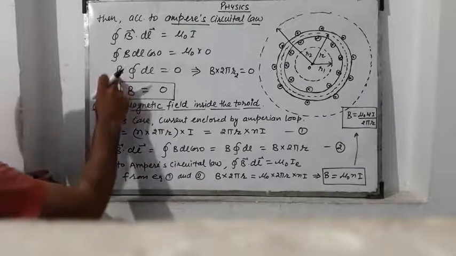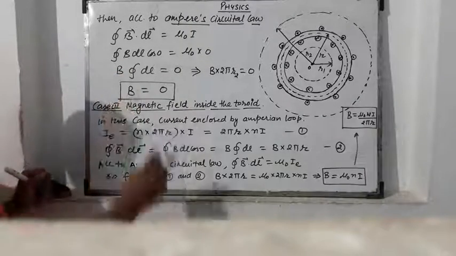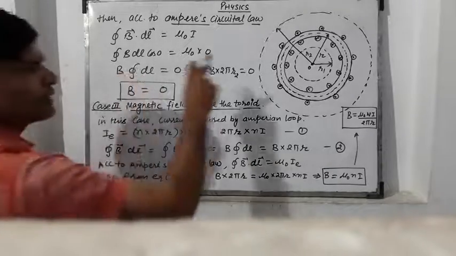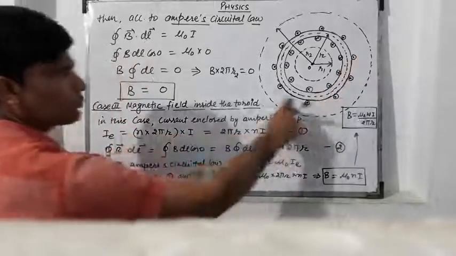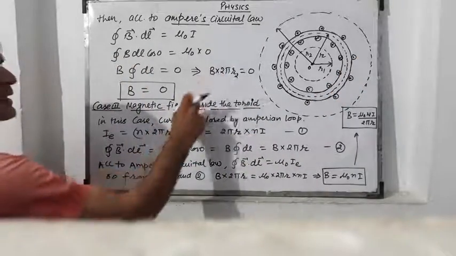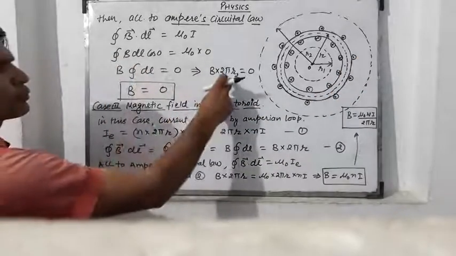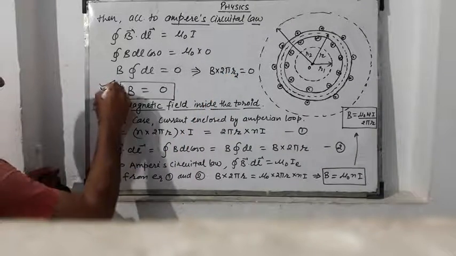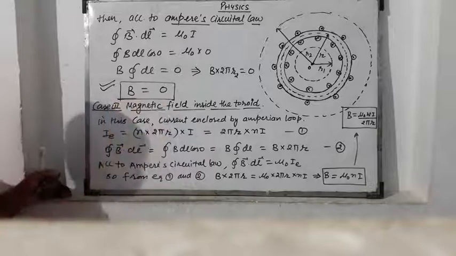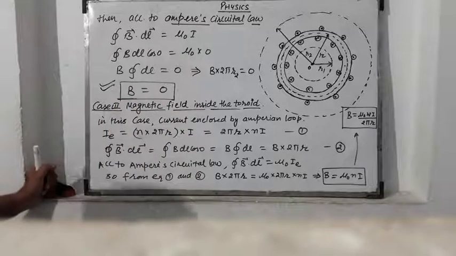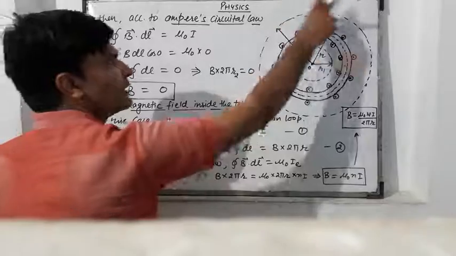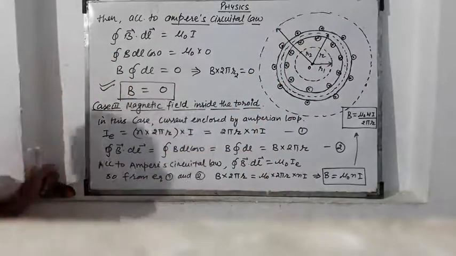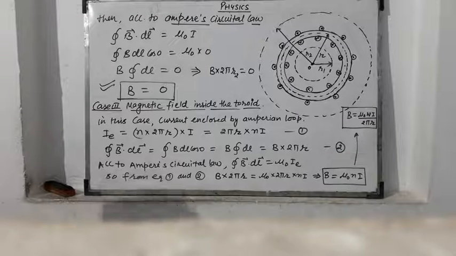Thus, B times the line integral of dl is equal to 0. The line integral of dl around the Amperian loop is equal to 2 pi r2. So B into 2 pi r2 is equal to 0, and by this, once again, we get magnetic field equal to 0. So the magnetic field outside and the magnetic field in the interior are both 0.